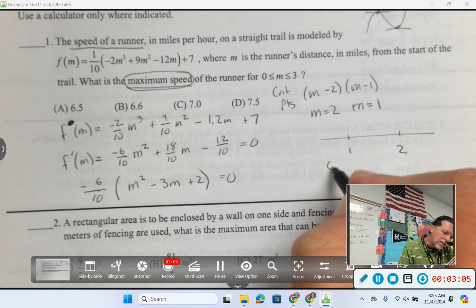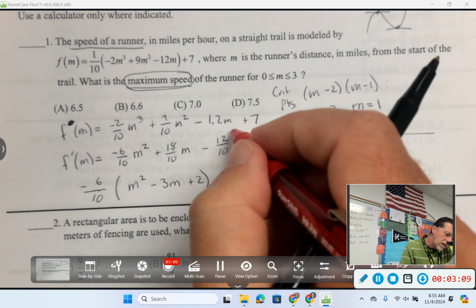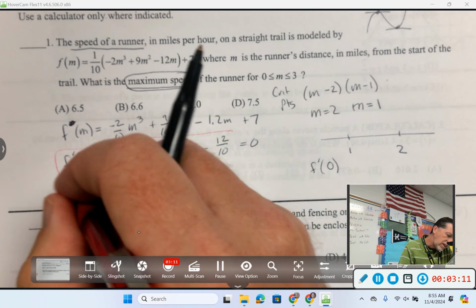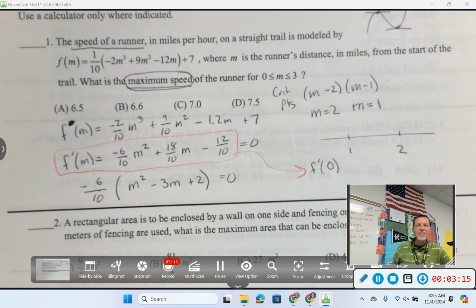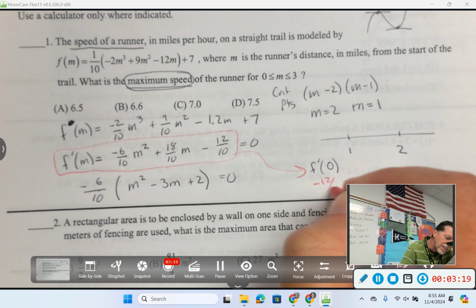So let's plug in 0 into f prime. Let's see. That's ugly, but it's not bad because it zeroes out everything. So I get negative 12/10.